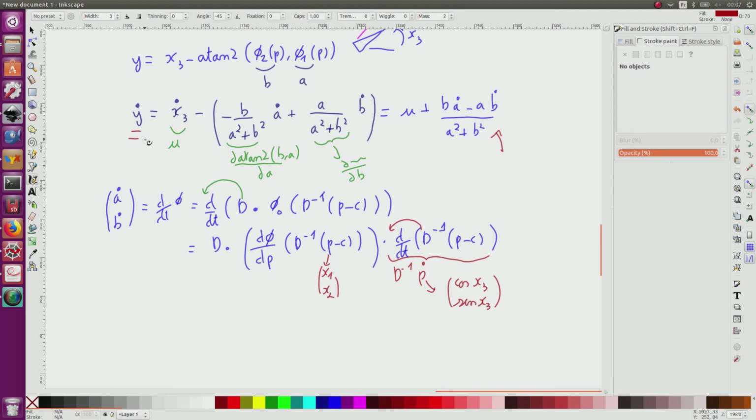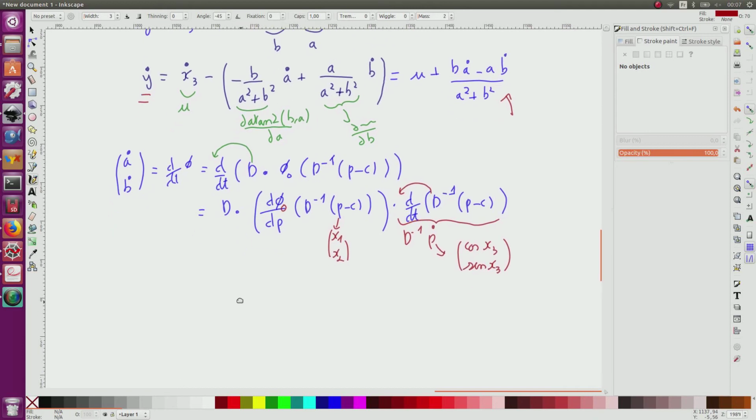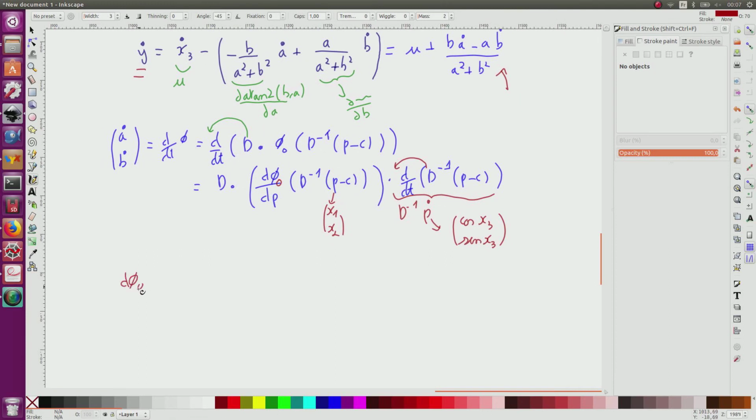I also need to compute the derivative of phi 0, excuse me, here it's phi 0, with respect to p, and I have an expression given in the exercise of phi, and I obtain that the derivative of phi 0 with respect to p at point p is equal to minus 3 p1 square minus p2 square plus p1, minus 2 p1 p2 plus 1, minus 2 p1 p2 minus 1, minus 3 p2 square minus p1 square plus 1.